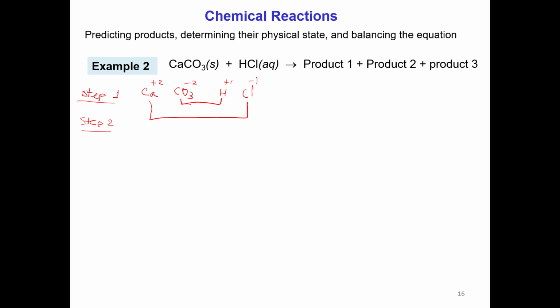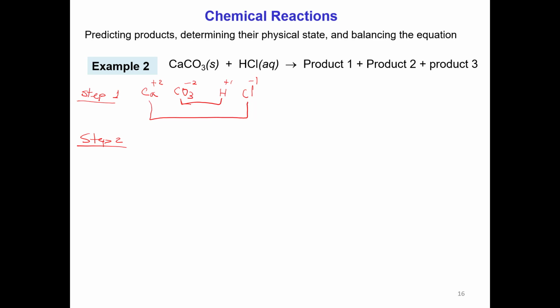It's the only way they can form a new compound: if they have opposite charges, because they will attract. Now let's predict the neutral products.